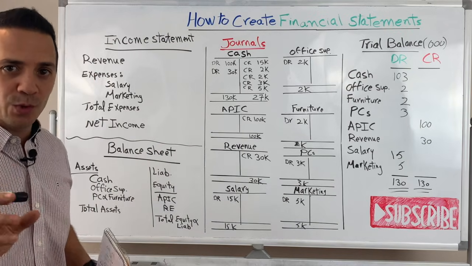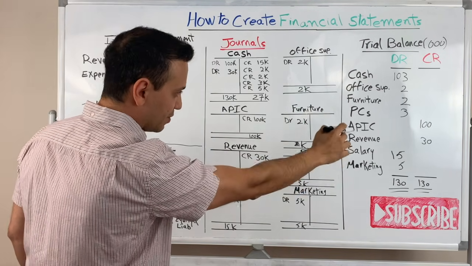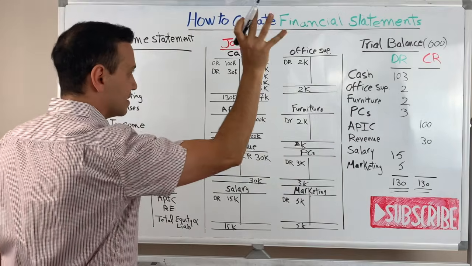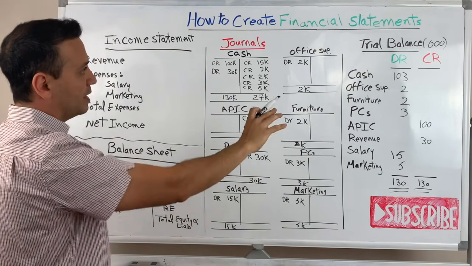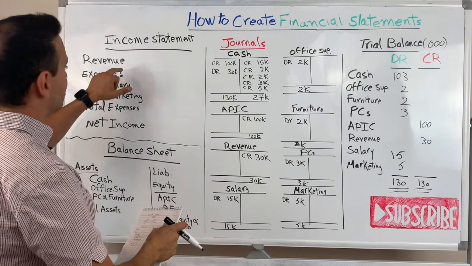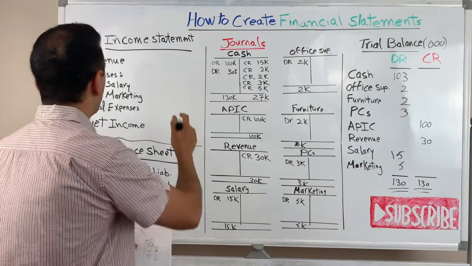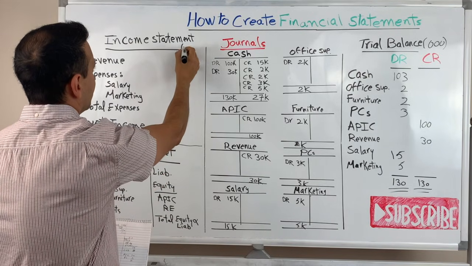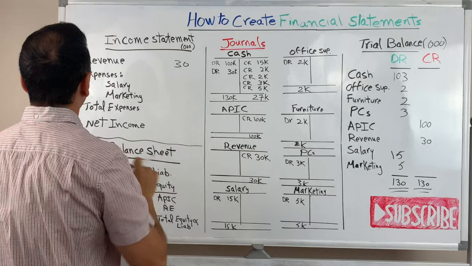Okay, ready? So now what we'll do is we'll take the balances from the trial balance that we made sure balance, and we'll summarize them in terms of income statement and balance sheet. So basically what we'll look at here is revenue. What's our revenue here from the trial balance? We have 30. So revenue, and this is also going to be in thousands, 30.